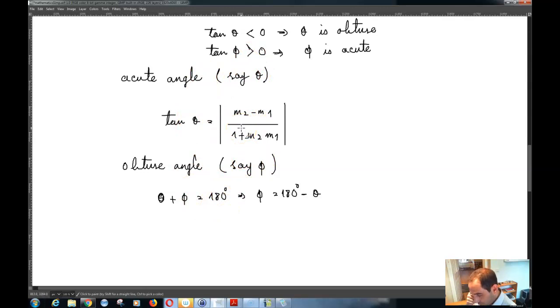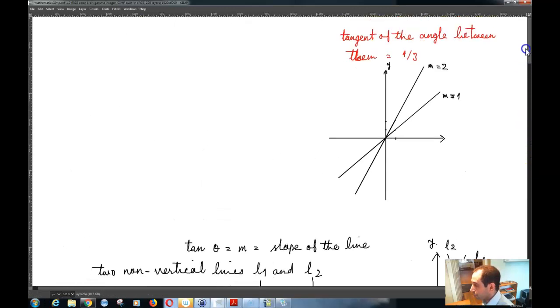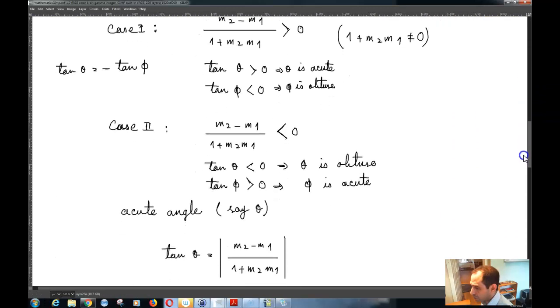So now that we know this, let's go and solve the problem that we had regarding the two lines. We said that the slope of one line is double the slope of another line, and the tangent of the angle between them is 1/3, which is what we had over here.